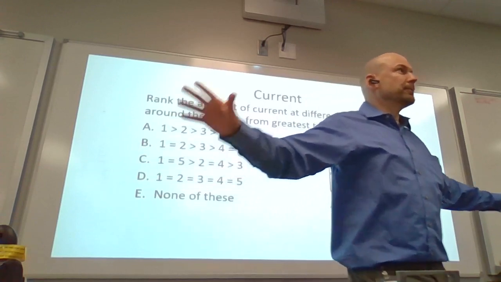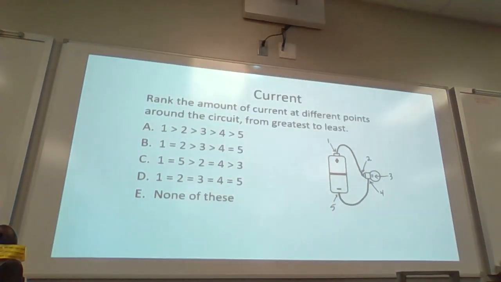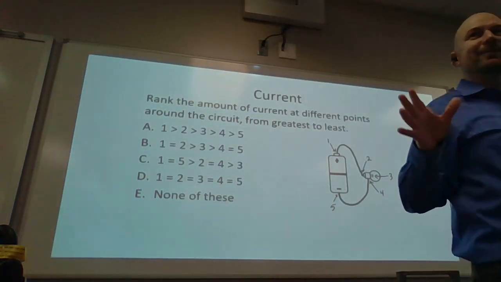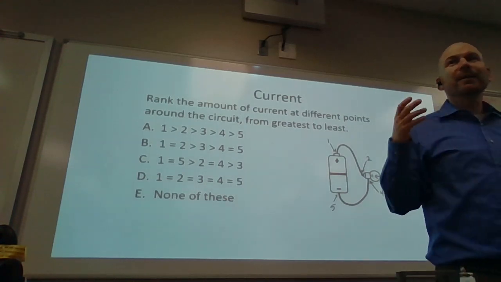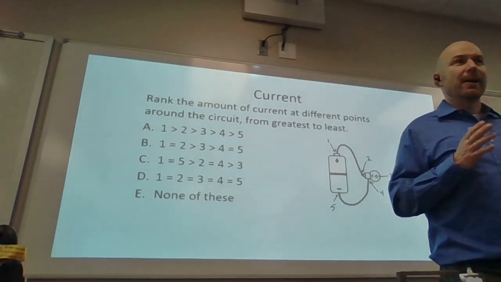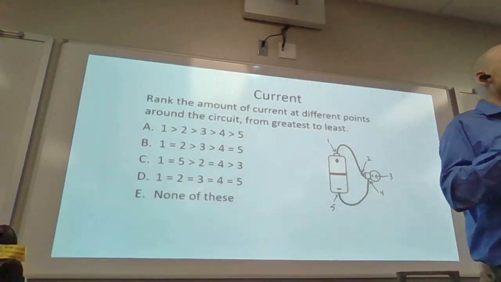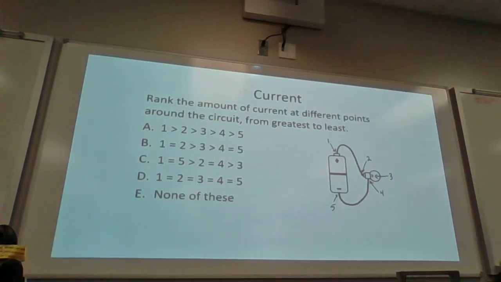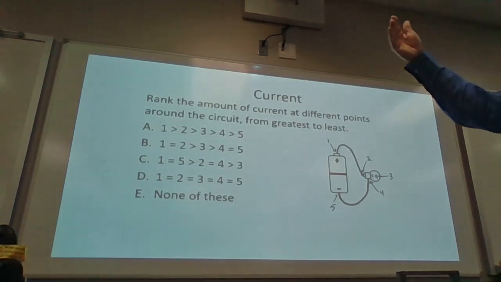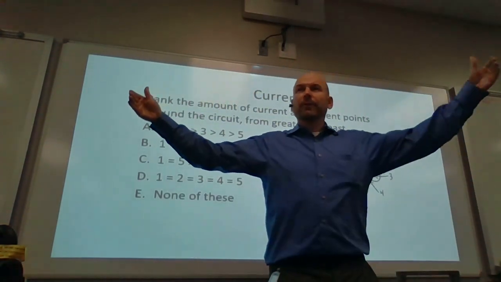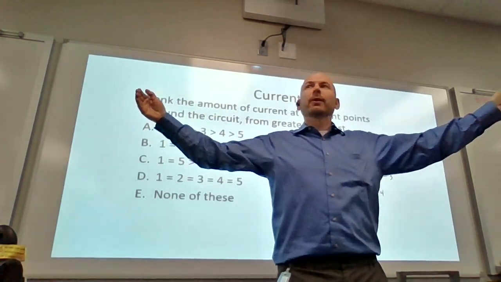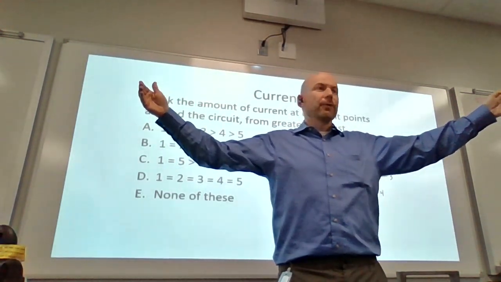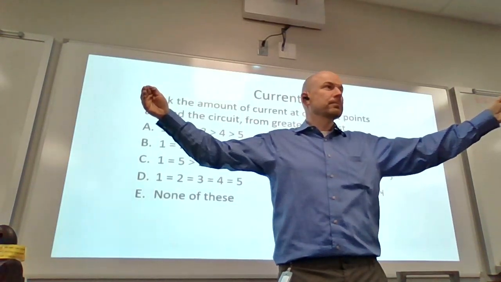So on a normal river, 99% of the time, the current at every spot is identical to every other spot. You have the same amount of current, the same amount of water flowing by a certain point here as you do over here.